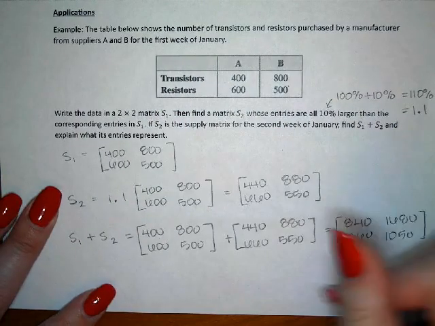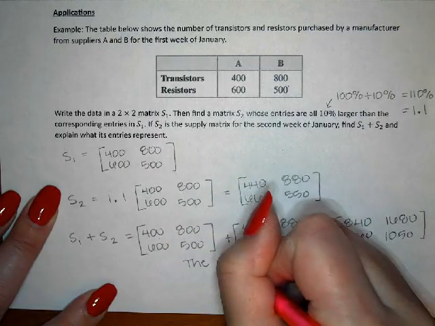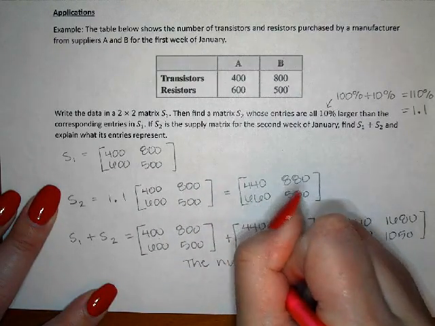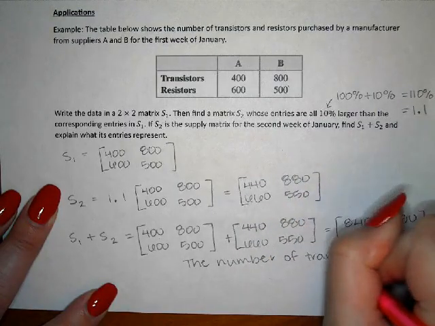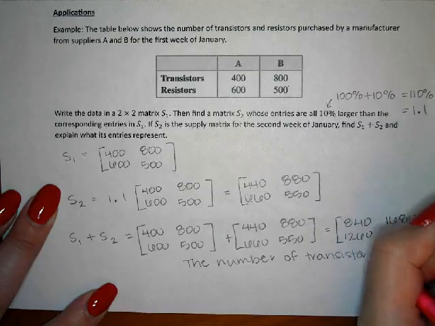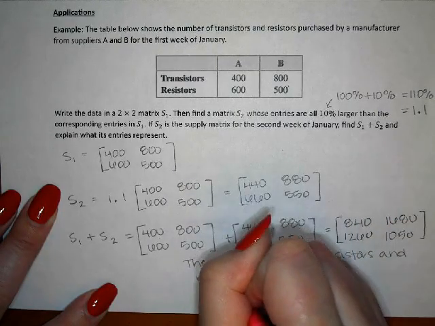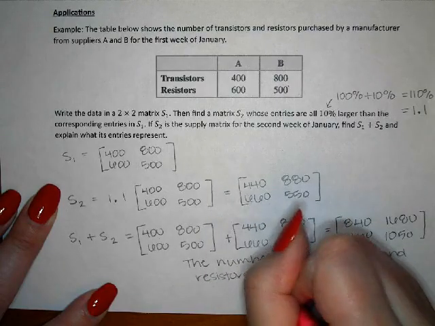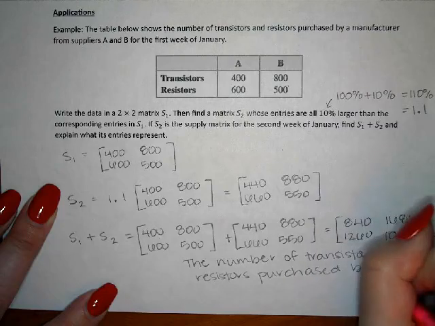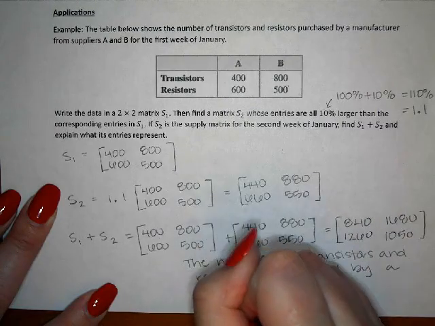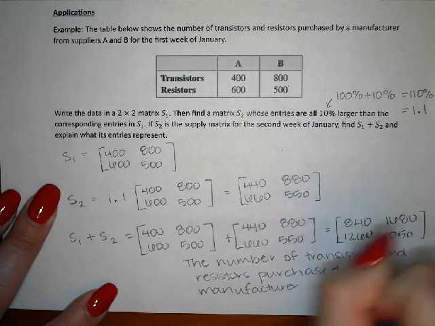It's the number of transistors and resistors purchased by a manufacturer from suppliers A and B.